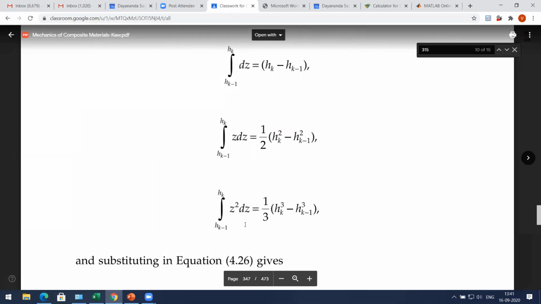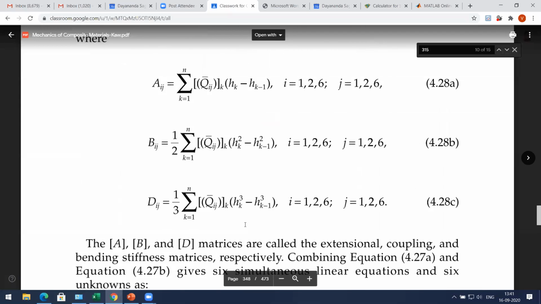When you calculate the ABD matrix, for the A matrix you can straight away take this as the thickness, but you can't do that for the others because those are squared and cubed. So let's calculate the A matrix first. It's the summation of the transformed reduced stiffness matrix multiplied by the thickness.